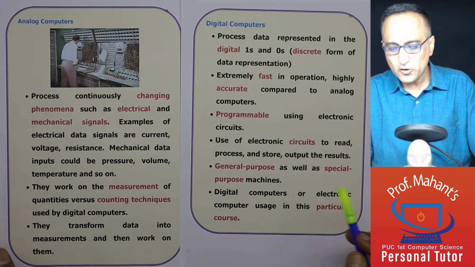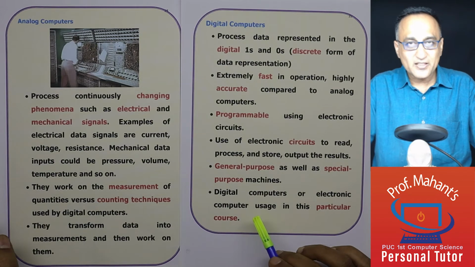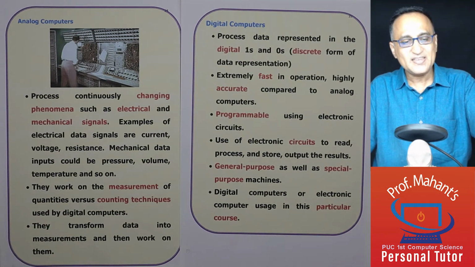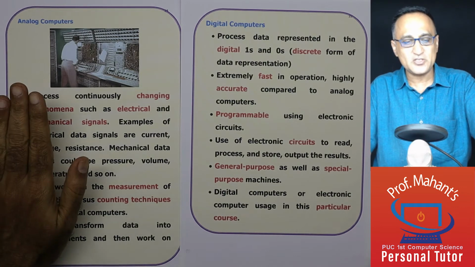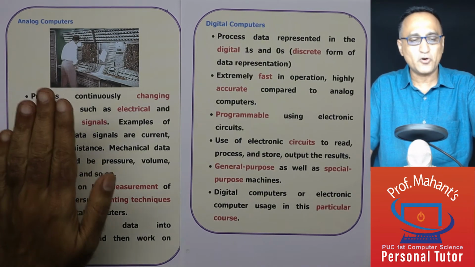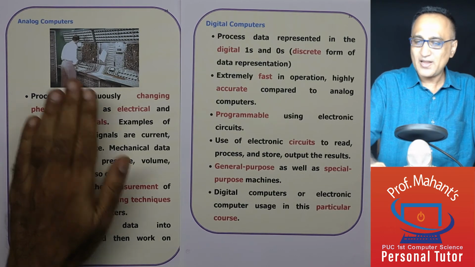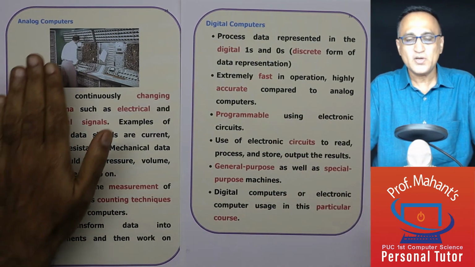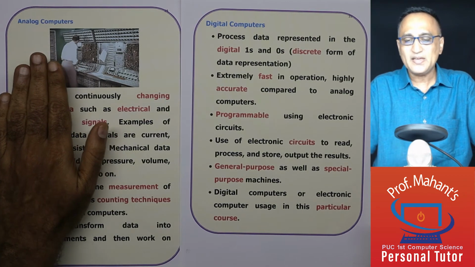So digital computers or electronic computers are the only type of computers we are going to talk about in this course. Unless you're doing a specific branch of engineering, instrumentation, you're not going to really worry about analog computers. In your life, I doubt you'll be encountering analog computers, almost 99.9% none of you, but digital computers you'll be very frequently encountering.